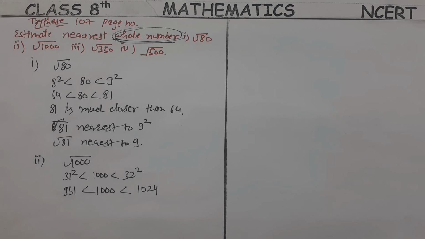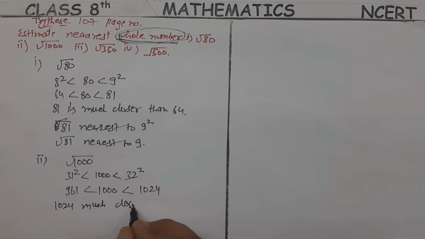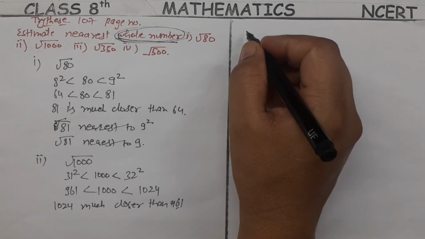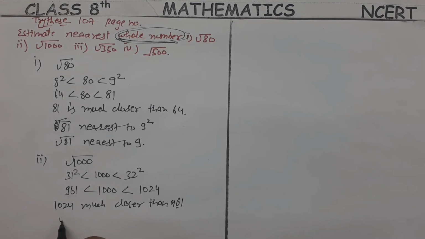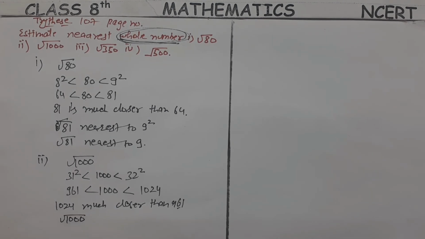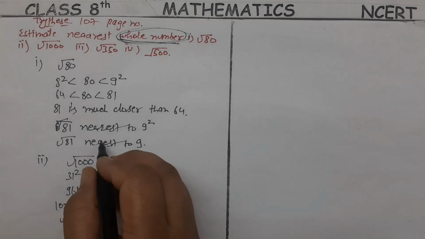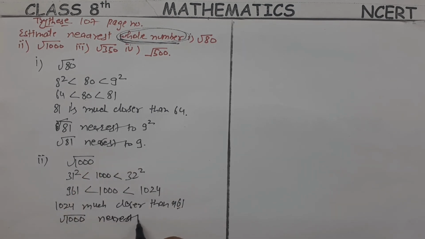Here 1024 is much closer than 961. So the square root of 1000 is nearest to 32.